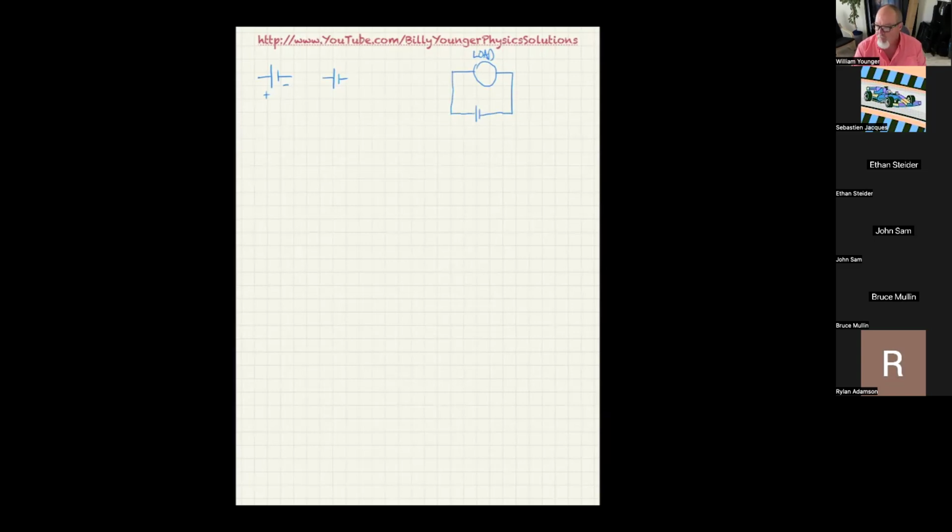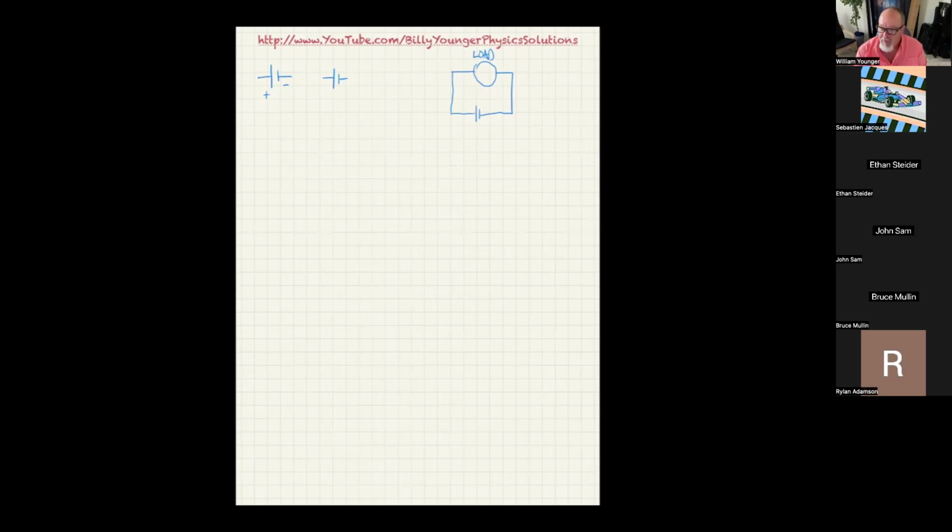So we work with conventional current, which goes on the assumption that we're pretending positive particles exist, such that when I connect this battery to this wire, the wire being a conductor and the battery having a positive charge terminal, that positively charged terminal is going to compel positive charges to run away from the positive terminal of the battery along the wire.